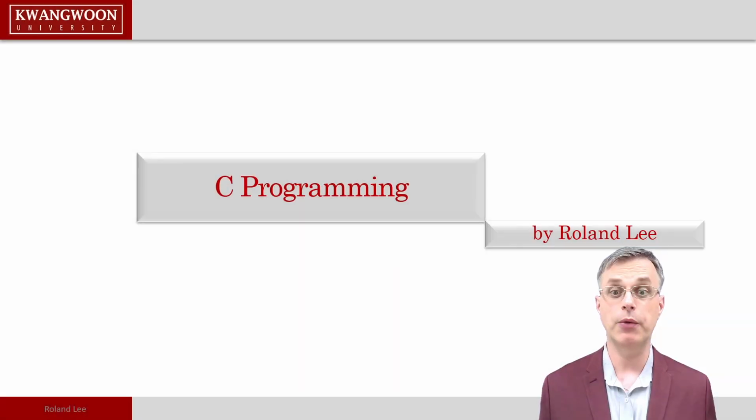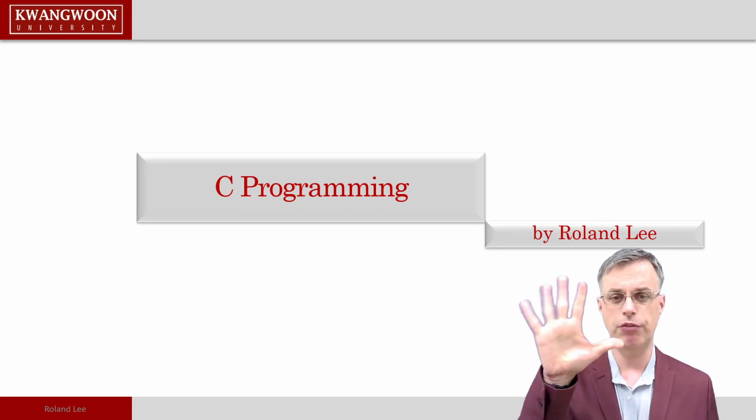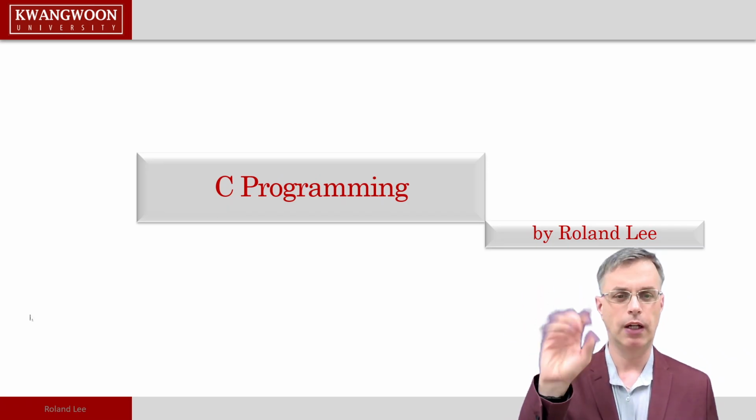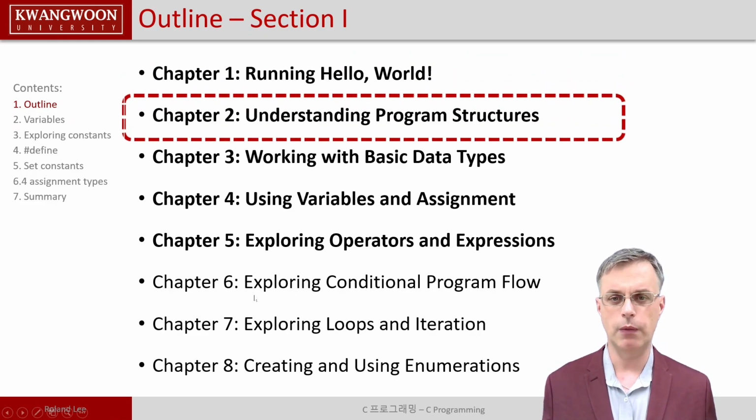So, hello everyone, this is C programming again, and this time we continue our topic with chapter 5. Let's see what we have done so far. Chapter 1, running Hello World, and understanding program structures in chapter 2.